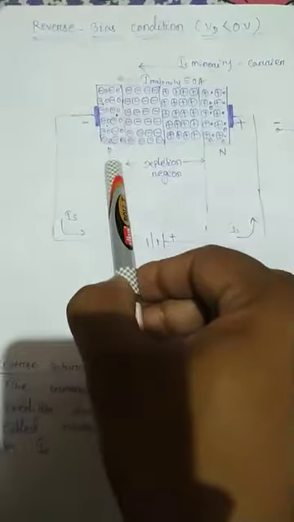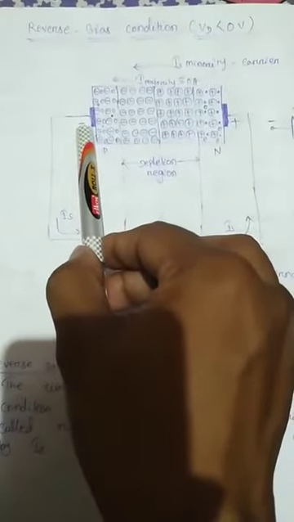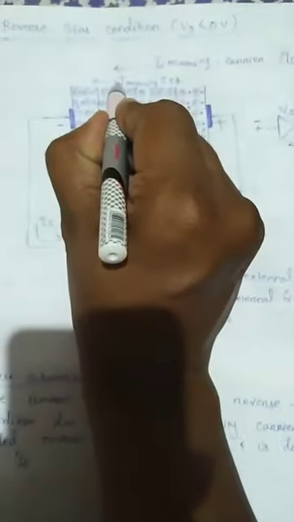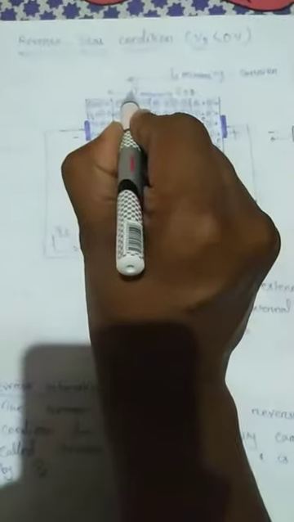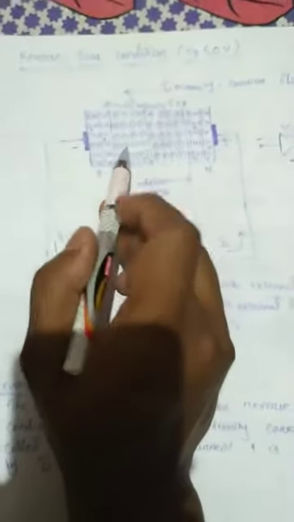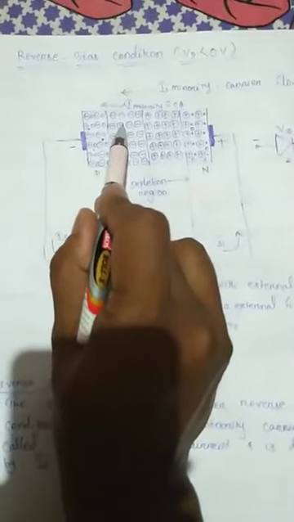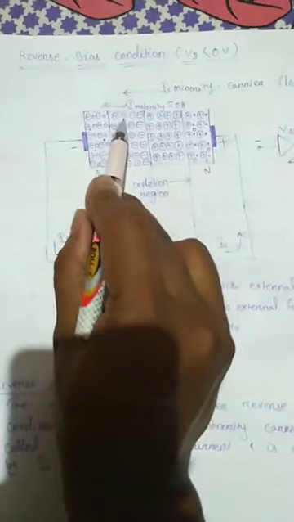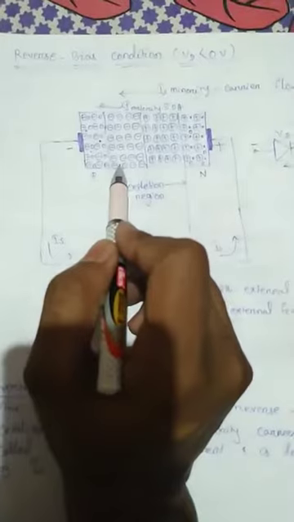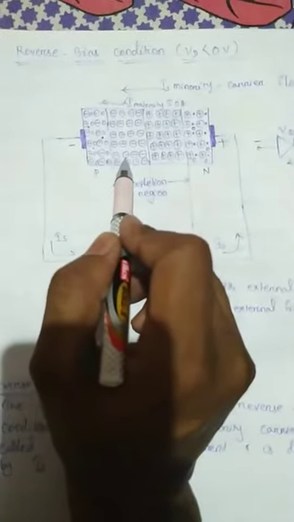Just see, this negative potential will attract the holes towards this direction. As a result, the uncovered negative charge acceptor ions will increase in the depletion region.